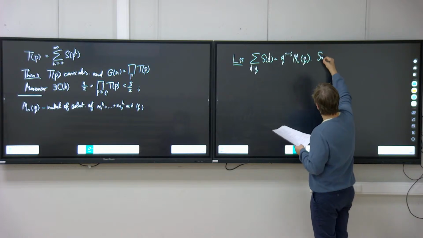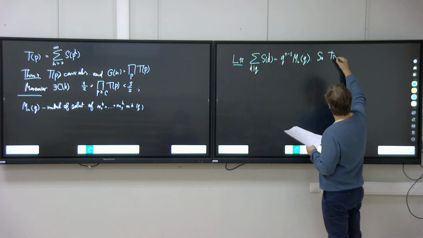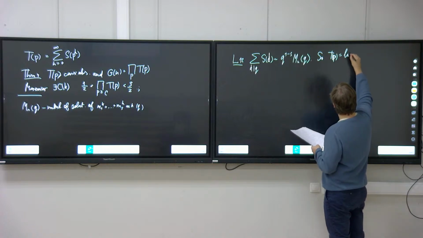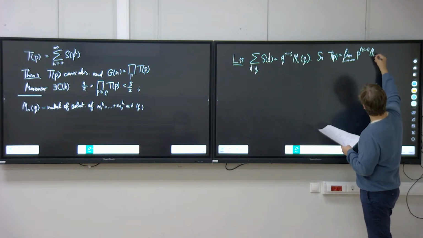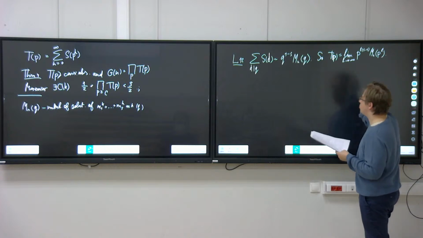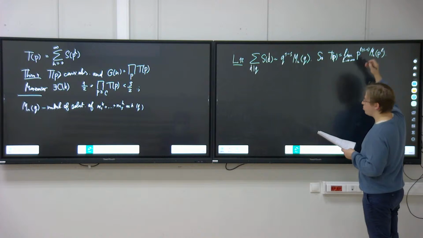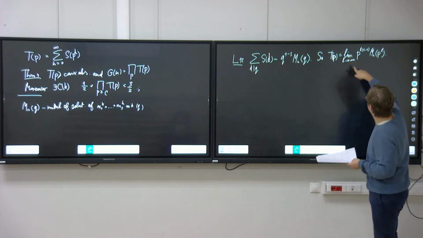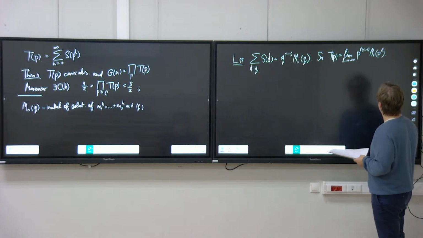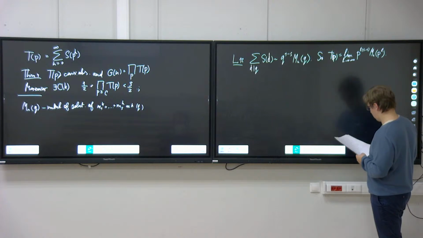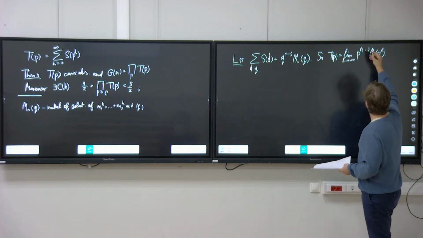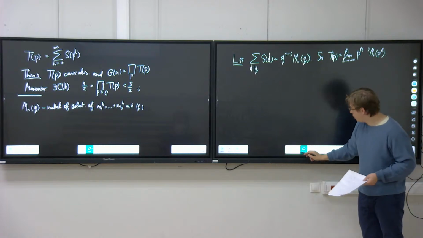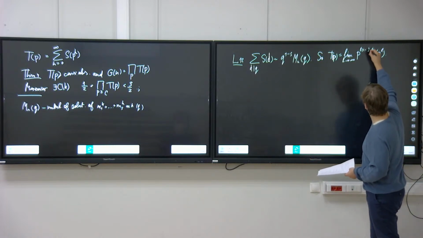And so from here it follows that T of p is such a limit: the limit as L tends to infinity of p to the power L times (s minus 1) times M_n of p to the power L. Okay, so it's just the number of solutions modulo p to the power L multiplied by some power of p, and yes, here of course it's a mistake, sorry, it's 1 minus s, because the number of solutions grows and this number should decrease. 1 minus s.